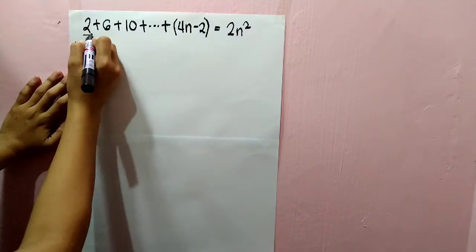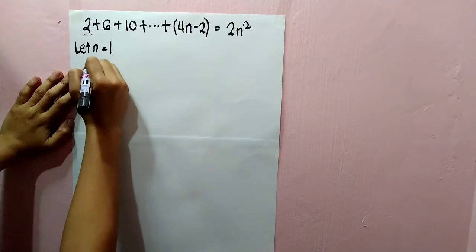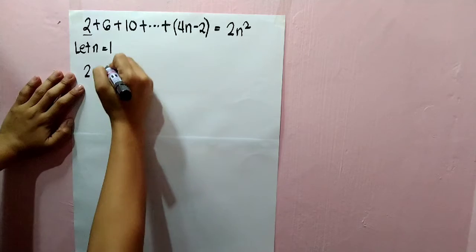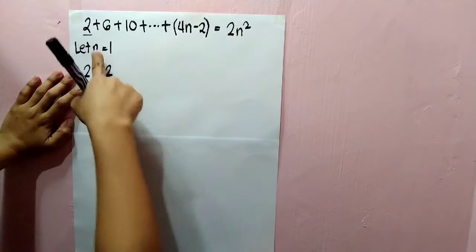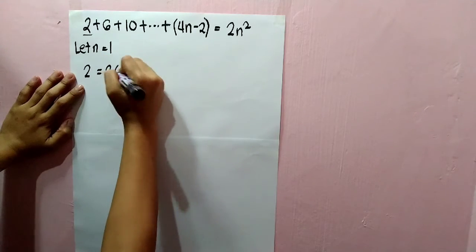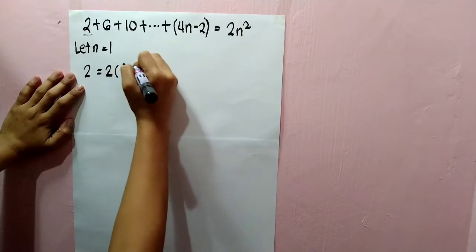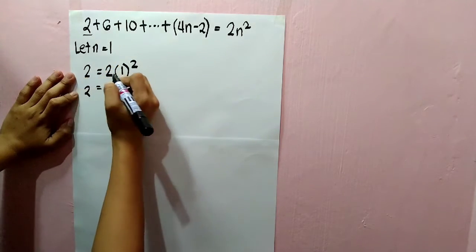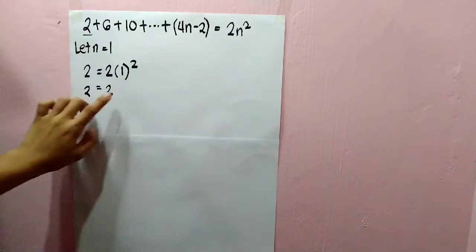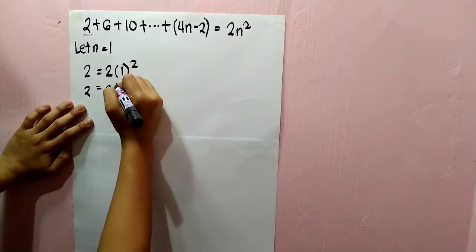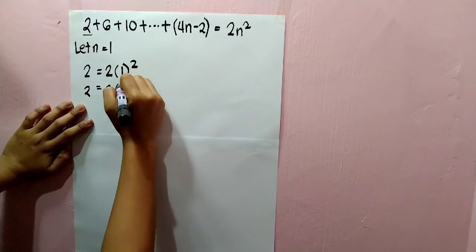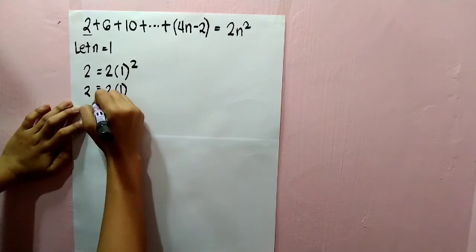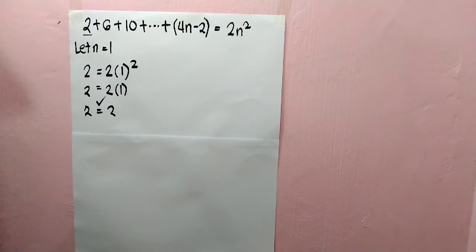Since we have the first term 2, we have 2 equals, substituting n equals 1, 2 times 1 squared. So we have 2. 1 squared is 1, so the first statement is true.